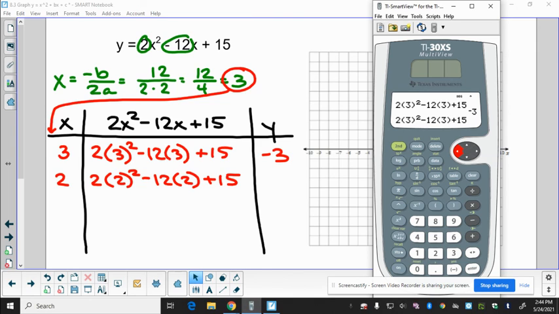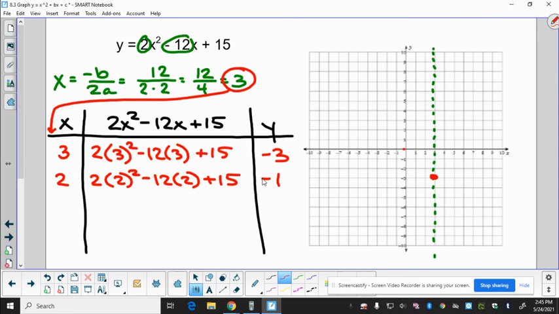So I'm just going to type over the top of this and put a 2 here, and erase the other 3. Okay, here we go. And I get a negative 1. So 2, negative 1 is my point.